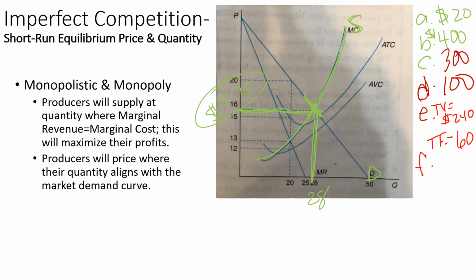So the question is, what would the equilibrium price and quantity be for perfect competition? Q would be 28, and price would be approximately $15.75.